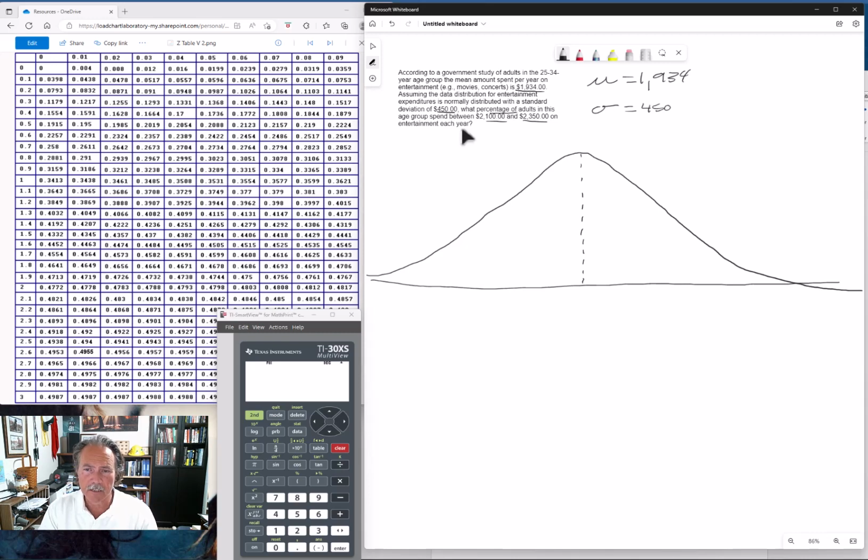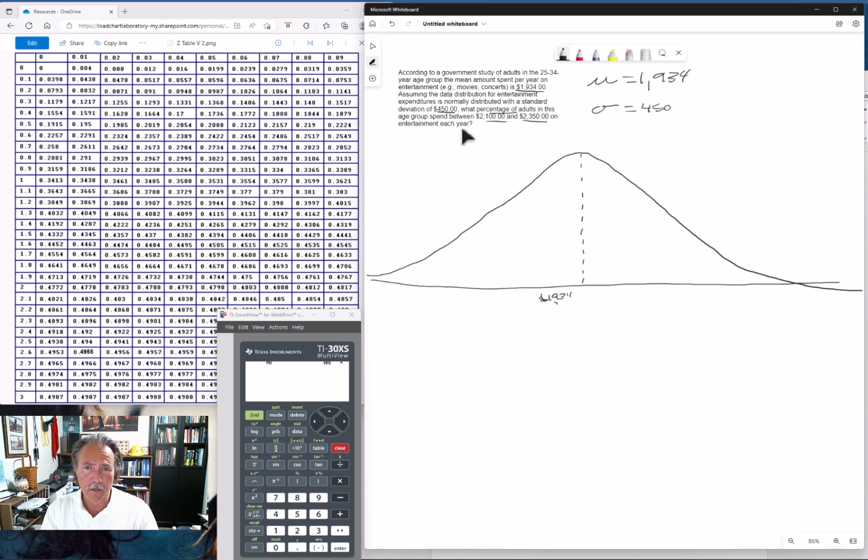So there's a dashed line representing our mean expenditures of $1,934. Now the values we're interested in are both above the mean: 2100 and 2350, and the percentage of adults spending within that range.